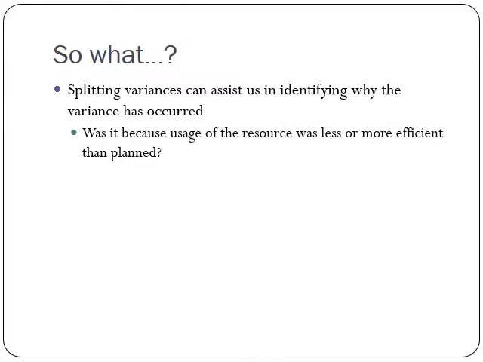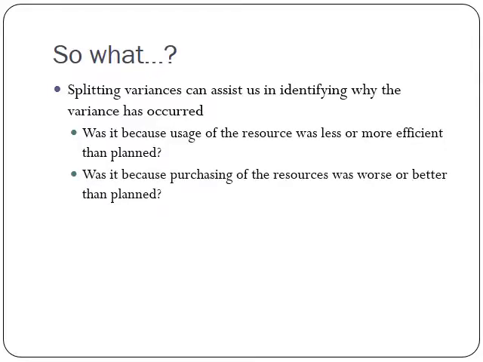It might tell us that it's because we've been less or more efficient than expected with the use of our resource. Also, whether we're paying a higher or lower price per unit of resource than expected. So once we know this, we're then in a much better position to take appropriate action to either repeat favourable variances in the future or eliminate adverse variances.